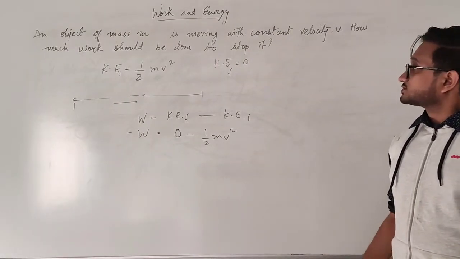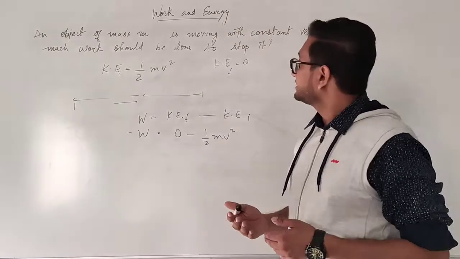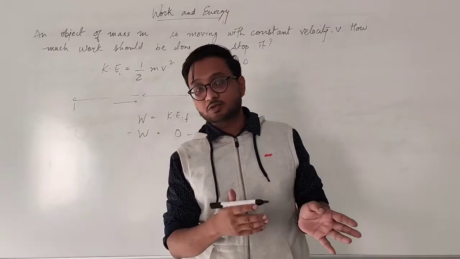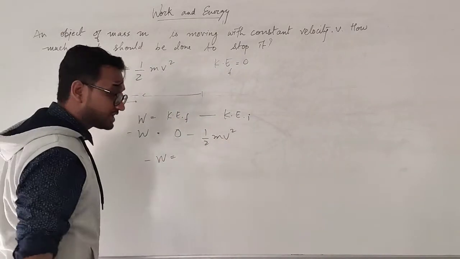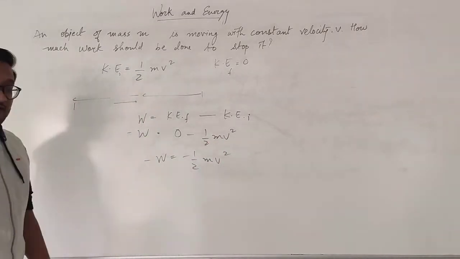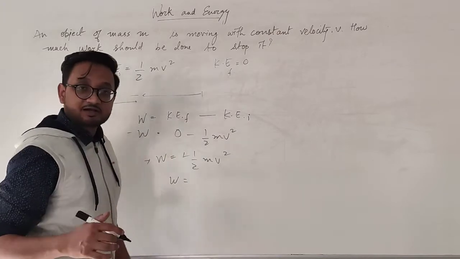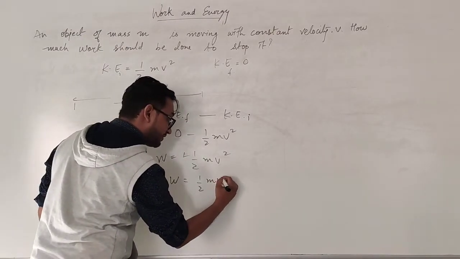Okay? So the question asked is, what will be the work done in order to stop it? So energy change is equal to work done. So simple, I can write that minus W is equal to minus half mv square. And ultimately, the work done or work energy required to stop it will be half mv square.